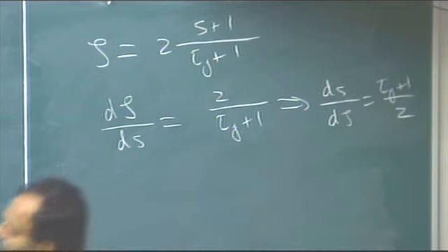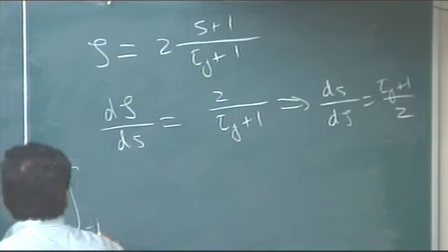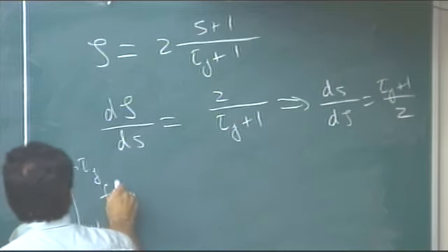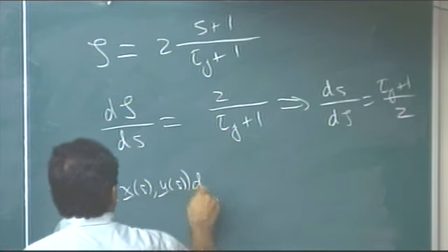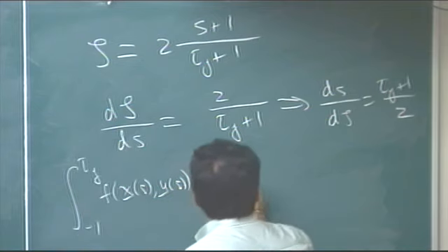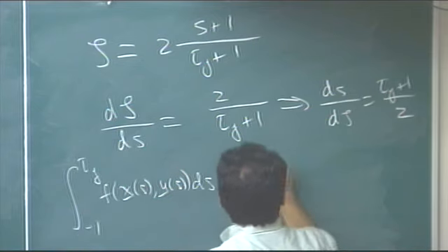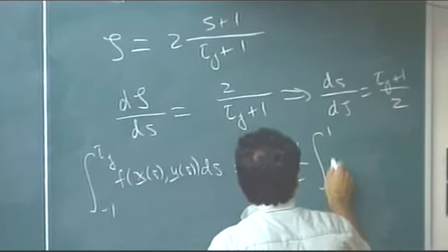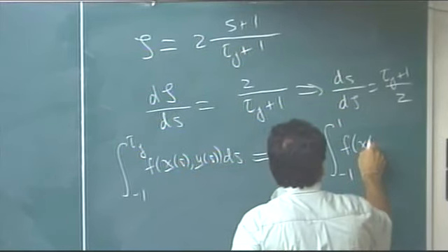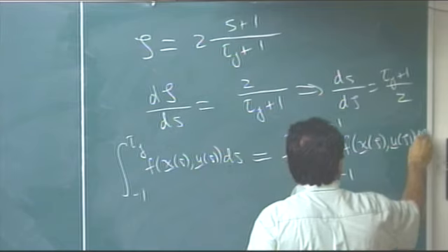So now I can plug that in to that equation over there, and I've got the integral from -1 to tau j of f of x of s, u of s ds is equal to, now if you do the substitution, you get tau j plus 1 over 2, the integral from -1 to 1, f of x of zeta, u of zeta, d zeta.